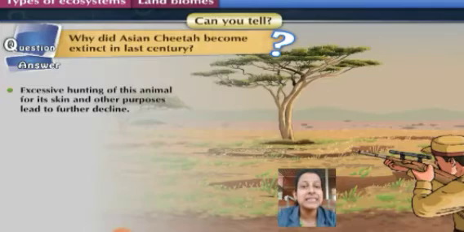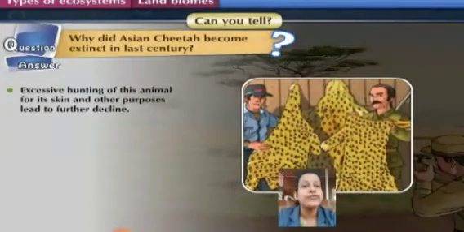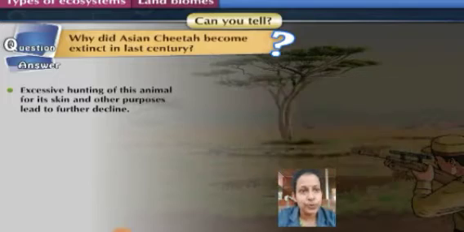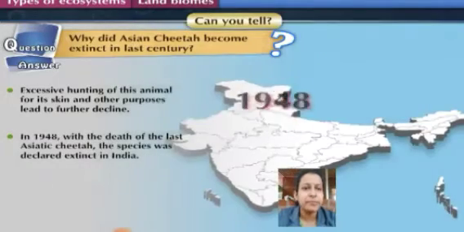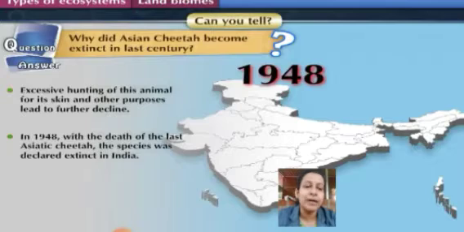The second cause is excessive hunting of this animal for its skin and other purposes, which led to further decline. Many people have this habit of buying the skin of the cheetah or other animals as a fantasy-like hobby, and so the animals are getting killed.